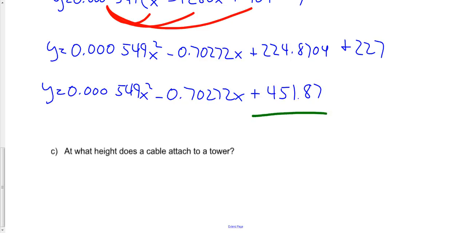Therefore, the height of the cable when it attaches to the tower is equal to the c value, which is 451 meters and 87 centimeters. So that's just an application question where you can use quadratic relationships in the real world.